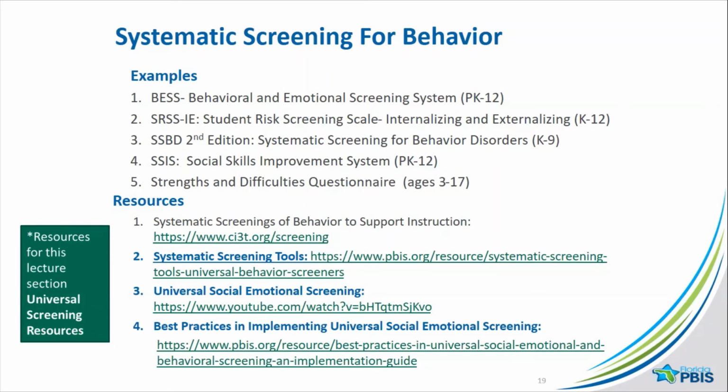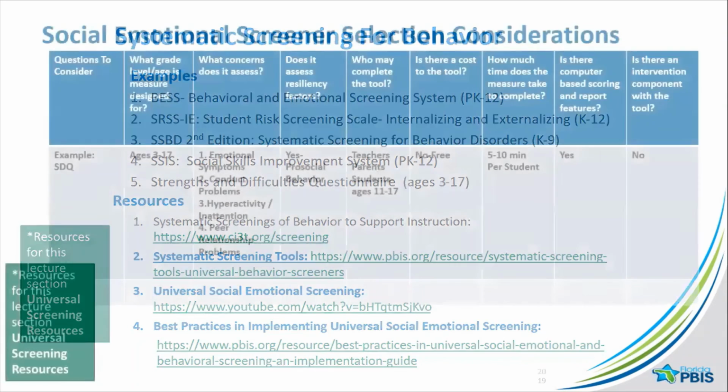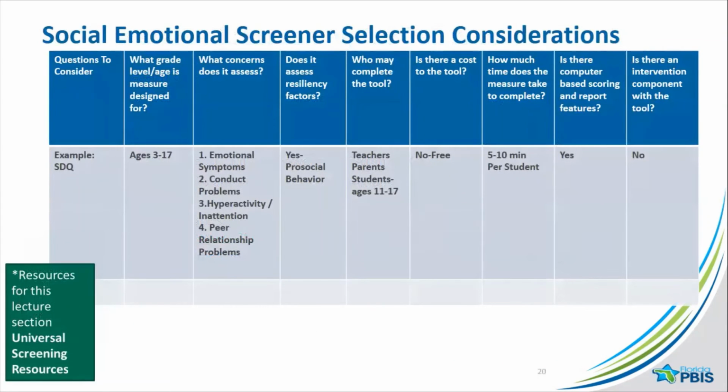So the top being that link there that will give you the most up-to-date information on any measures that are available, because that field changes fairly rapidly. We give you these tools because we'd like you as a team, when you do want to add in a social emotional screener, there are certain considerations that you'll want to go through. And so this modeled example using the Strengths and Difficulties Questionnaire models through what we mean by using these questions to guide selection and planning.